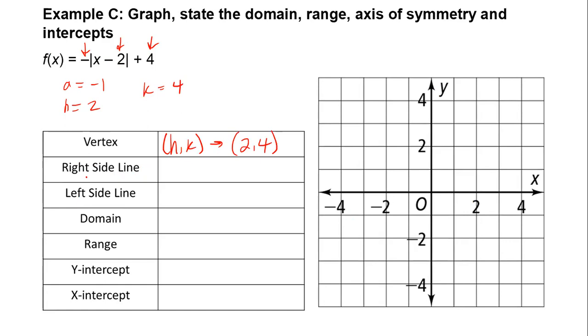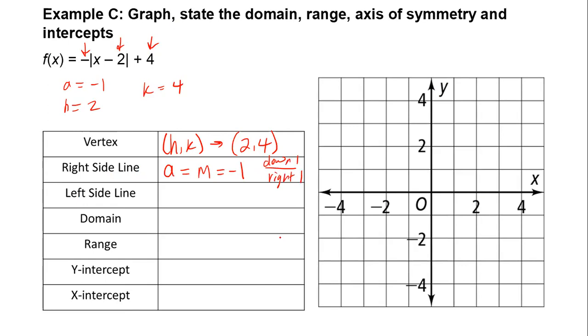Okay. Your right side is your A. And so our A is going to tell us the slope of our right side. What does A equal? -1. So that -1 tells me I'm going to go down 1 and right 1, because that's slope.